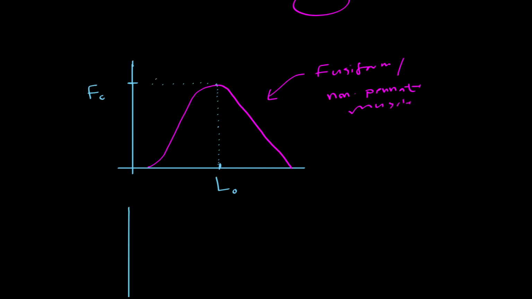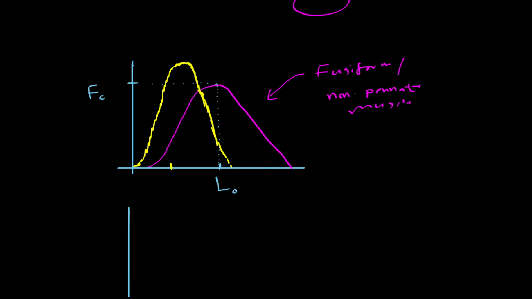Because of the geometry of muscle pennation, what's going to happen to a pennate muscle is something like this. So more force, because more fibers, but the optimal length gets smaller, of course.